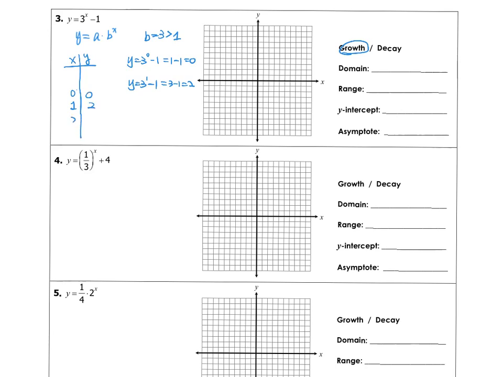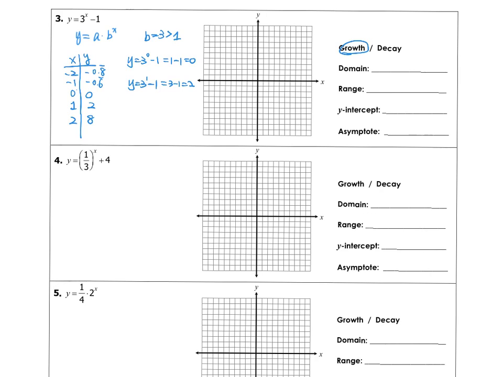And if I plug in 2, I would have 8. Plug in negative 1, I should have negative 0.666, negative 2/3. And if I plug in negative 2, it's negative 0.888.